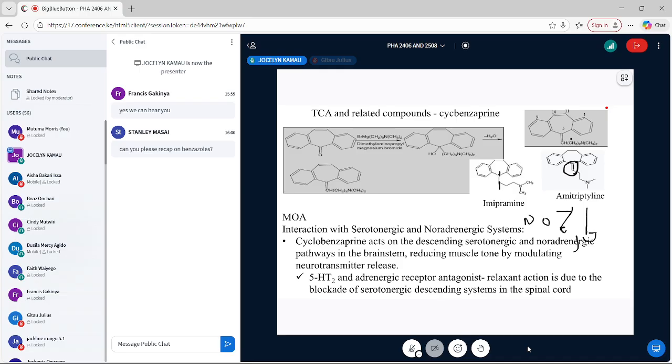And of course, when you come to look at the TCA mode of action, let us understand that structural change where this compound has a double bond at position 10, 11, and a double bond at position 5.